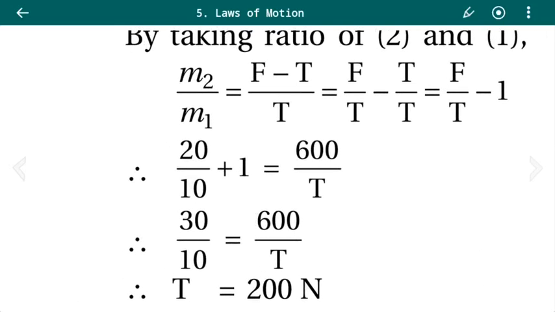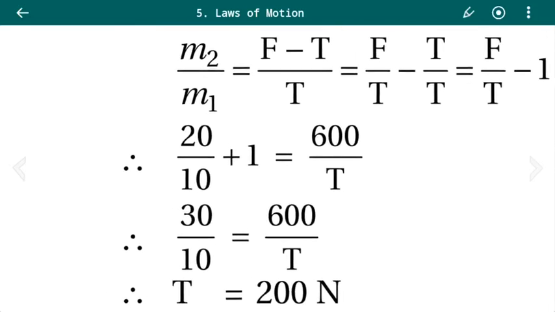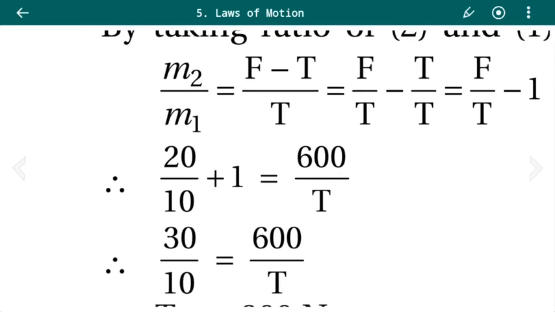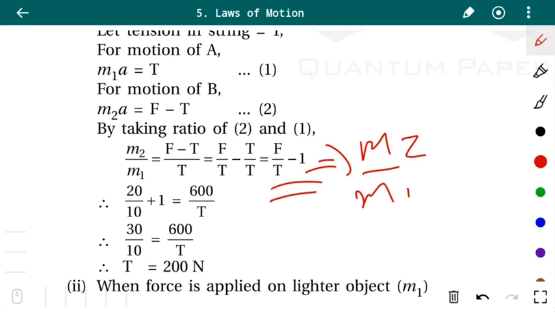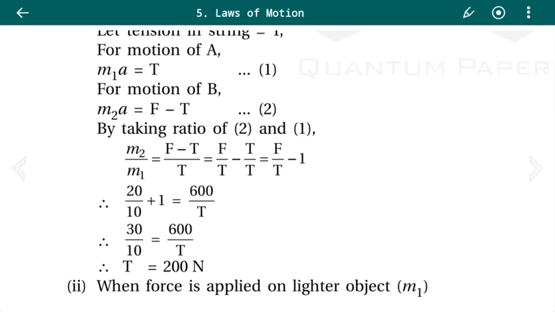Now substituting the values of M2, M1 and F, we get 20 by 10 plus 1 equals 600 by T, because in this equation we got M2 upon M1. Here from this equation, taking minus 1 to the left hand side, it will be F upon T. So 30 by 10 equals 600 by T, therefore T equals 200 Newton.